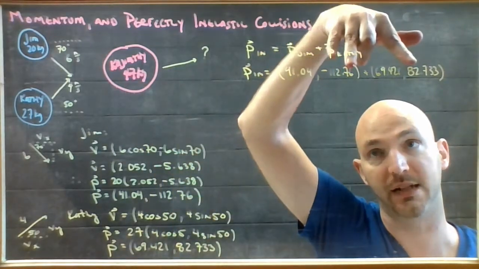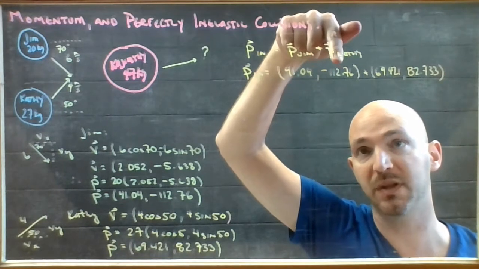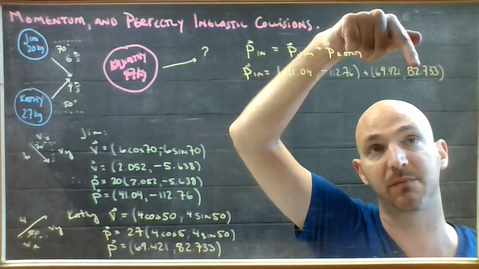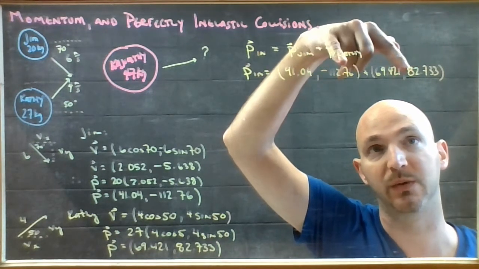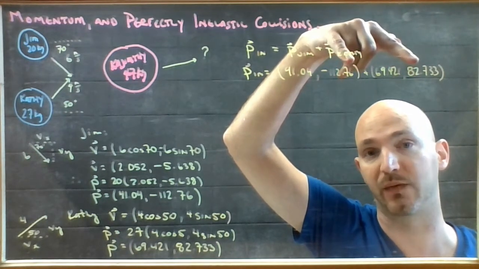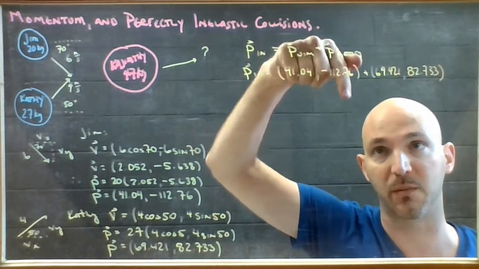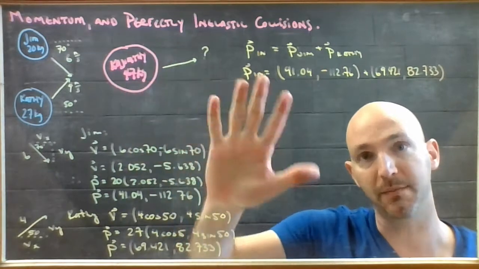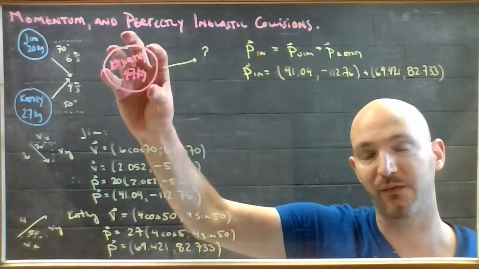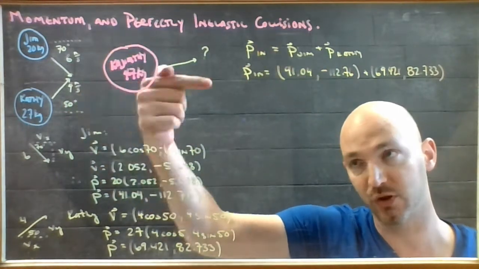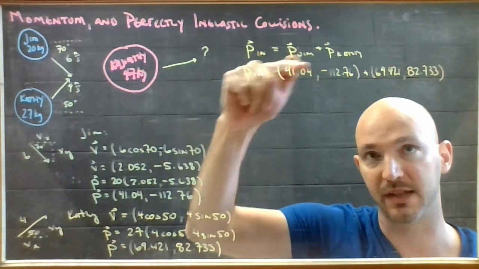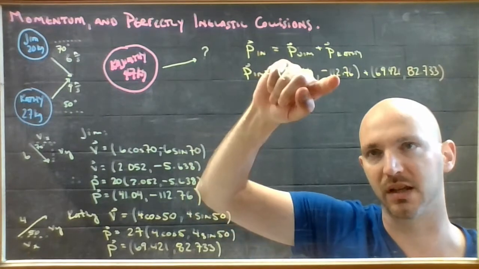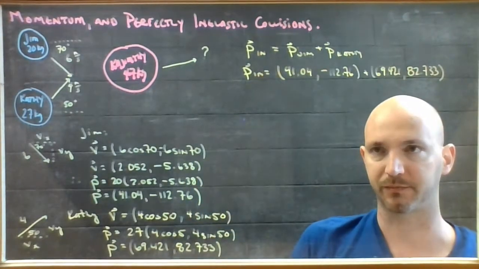Looking at these second numbers, you can see that Jim's momentum downward is larger than Kathy's momentum upward. So Jim's going to win in this little fight because the downward momentum and the upward momentum are opposing each other. So when I'm done with all this, this fused object should be headed to the right because these two cooperate, and a little bit down because this one is going to overwhelm that one.